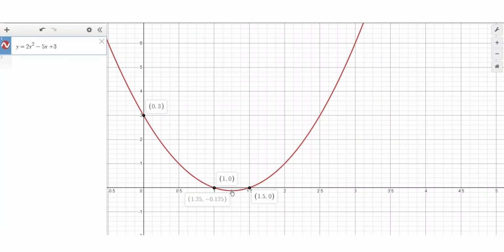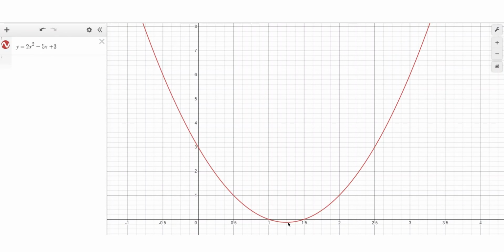And this is a little lower, the minimum point of the graph, which is 1.25 and minus 0.125. You can see this is a quadratic graph, which has exactly the same shape as we have drawn. And the other point we got, 2 and 1, we can move to this one. This is the 2 and 1 point, and the 3 and 6 point also we can figure out.